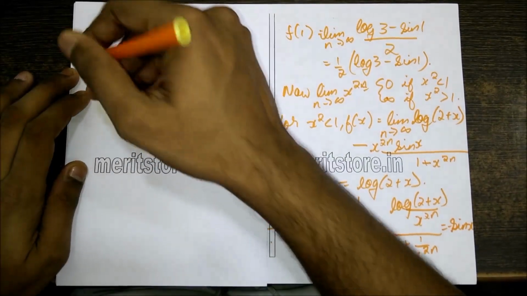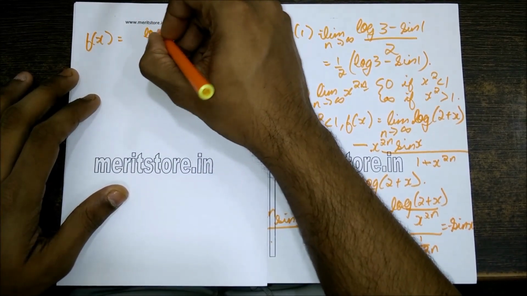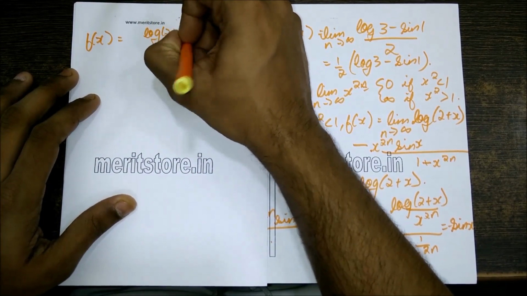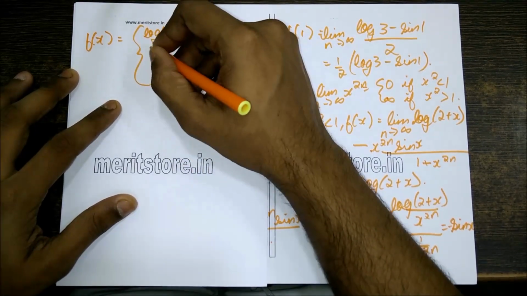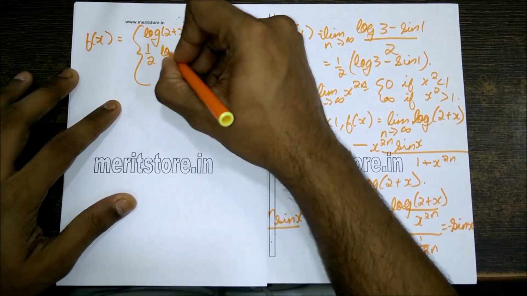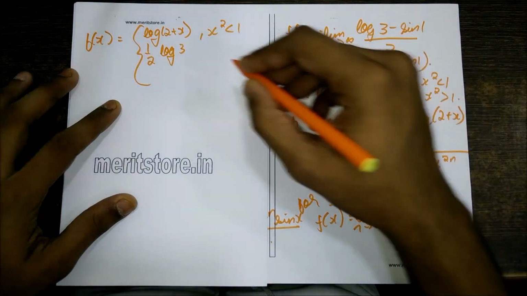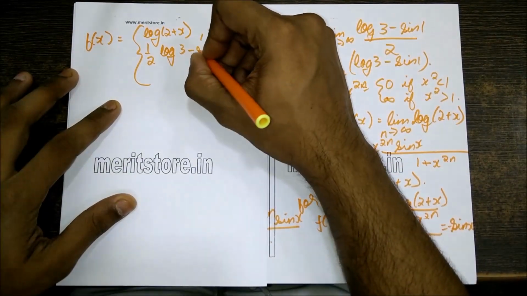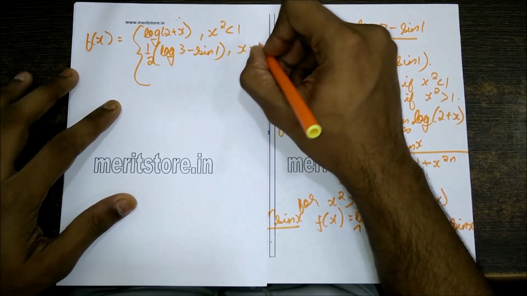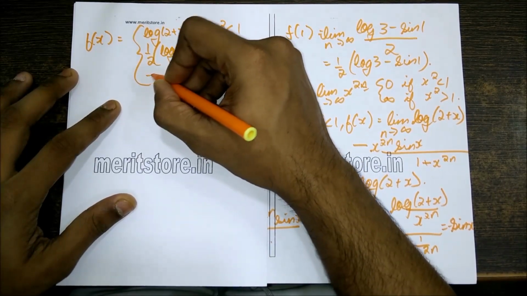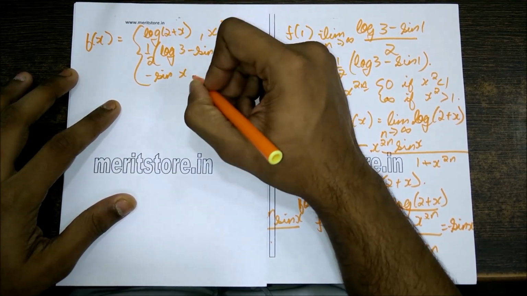So now we can write f of x equals log of 2 plus x for x square less than 1, 1 by 2 log of 3 minus sin 1 for x is equal to 1, and minus sin x for x square greater than 1.